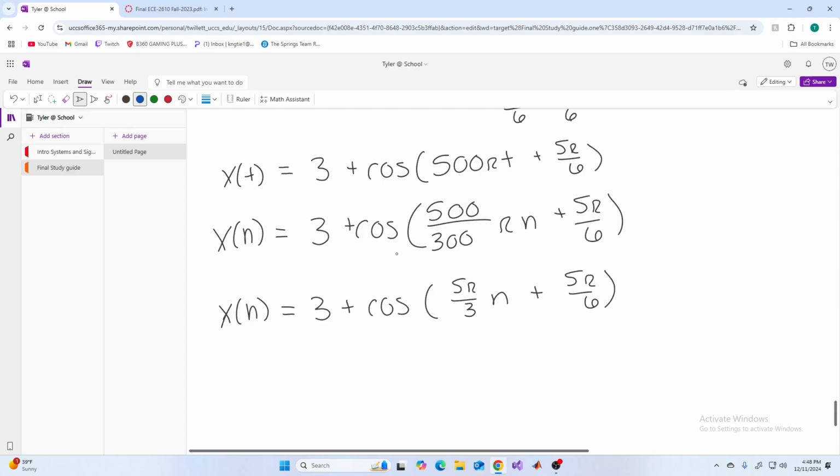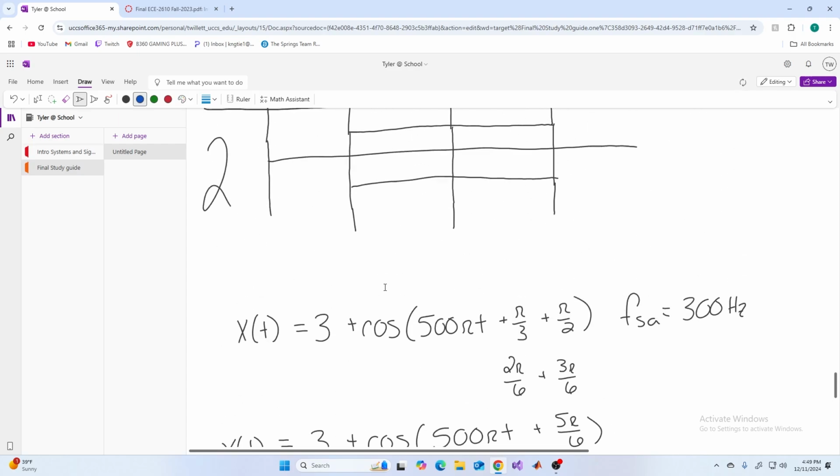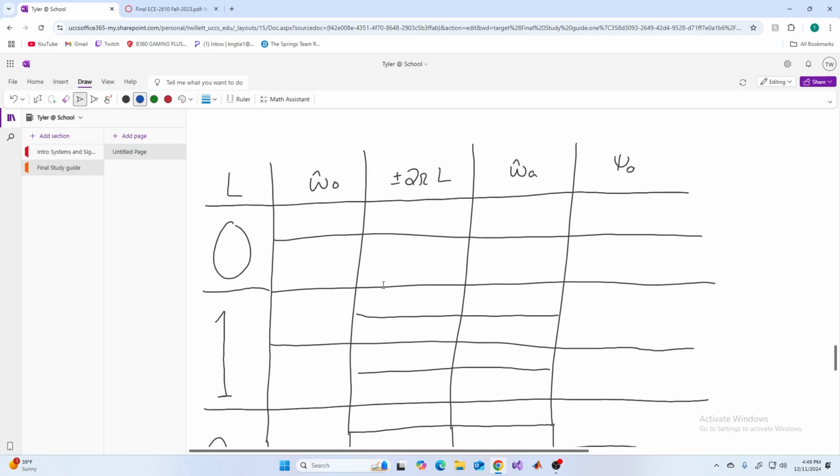This here is our w hat, our original normalized frequency. This here is our theta naught. So I'm going to fill in what I know. I have 5 pi divided by 6, negative 5 pi divided by 6, because this is plus or minus.